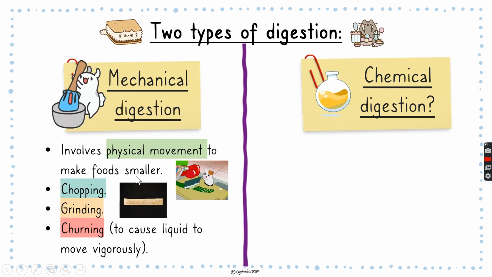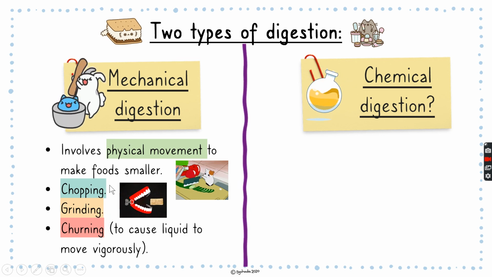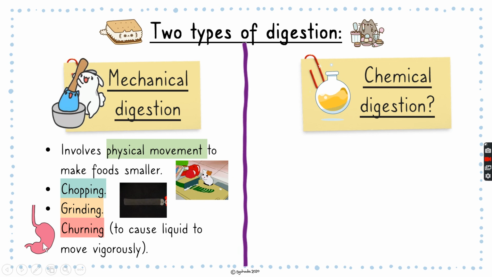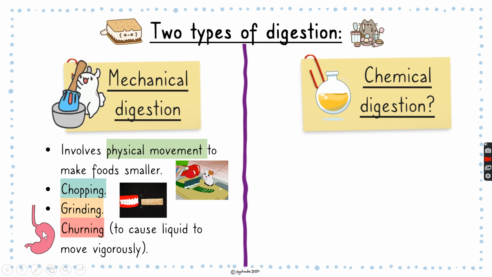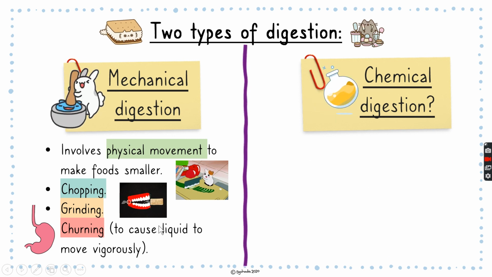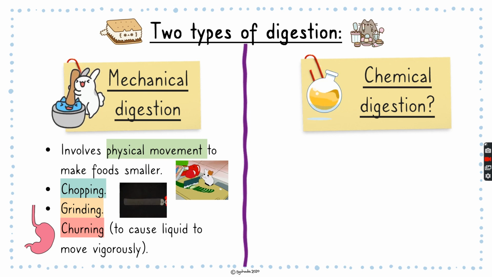So this is chopping, grinding, and churning. Chopping and grinding are the jobs that your teeth do, and churning is a physical movement that the stomach does. Churning mixes up the liquid to make it move very vigorously, and at the same time it mushes the food, breaking it down into smaller pieces.